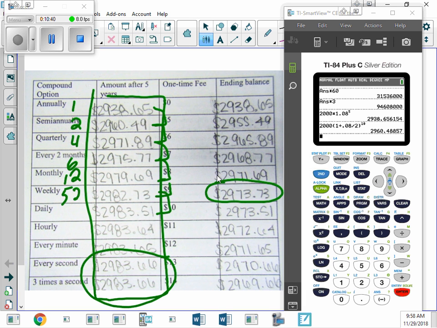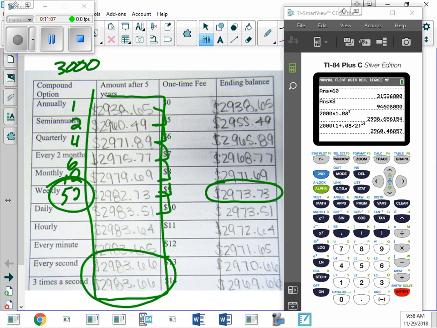So hopefully you realize that there is an upper limit to the amount of interest you can earn using the compound interest formula. Okay? Is there any way after 5 years that I could have $3,000 if I kept making these numbers bigger and bigger and bigger?